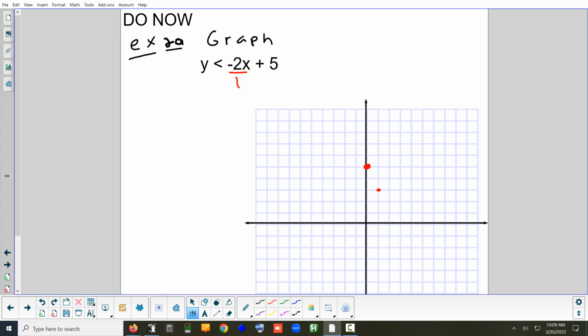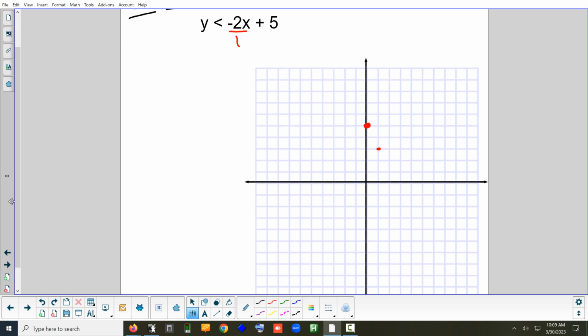And on Edge Elastic, that's all you got to do. You do 2 points, it's going to draw the line. When I do it by hand, I like to do a few more. Make sure those are straight. That looks good. Okay, I'm going to draw a line through all those points. Annika, what kind of line am I going to draw? Solid line or dotted?